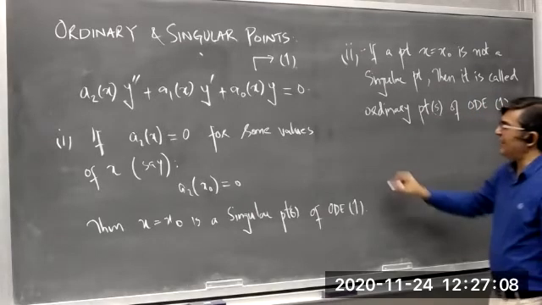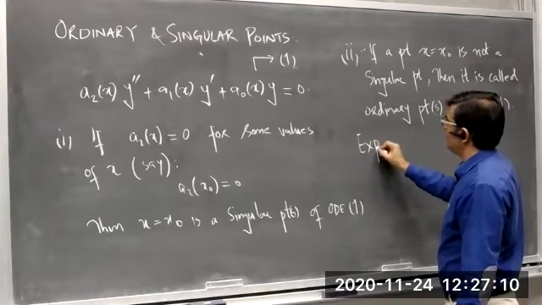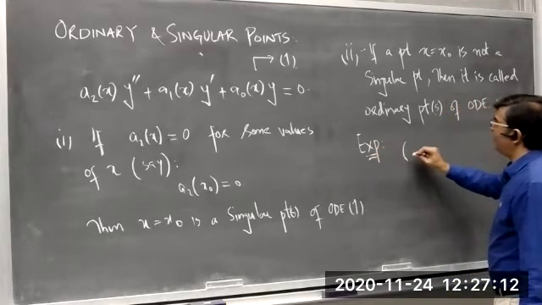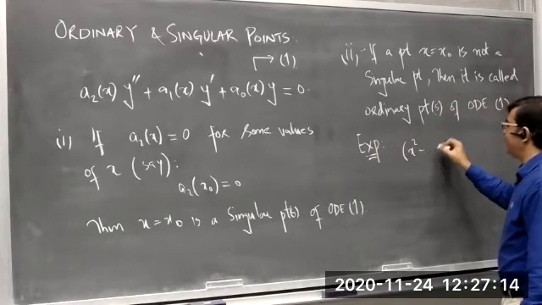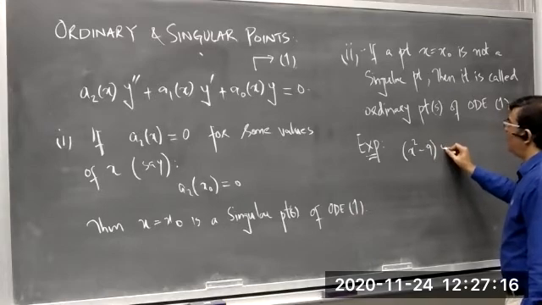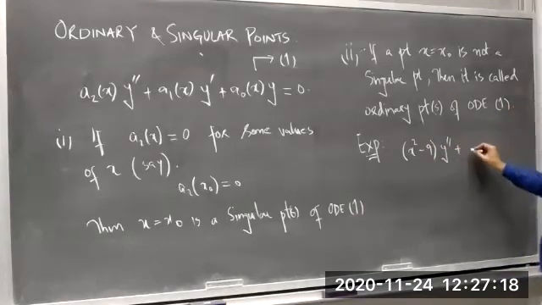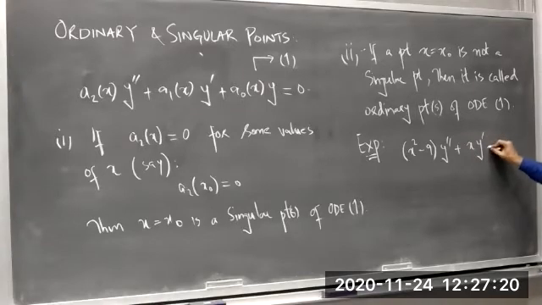For example, if we have an ODE of this form, x square minus 9, y double dash plus x y dash plus 9y is equal to 0.